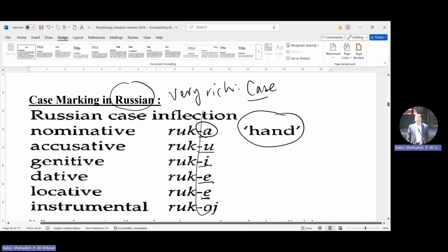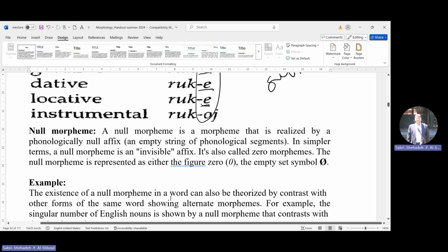So we have suffixes that fall at the end of the word, and they alternatively reflect different case marking in this language.